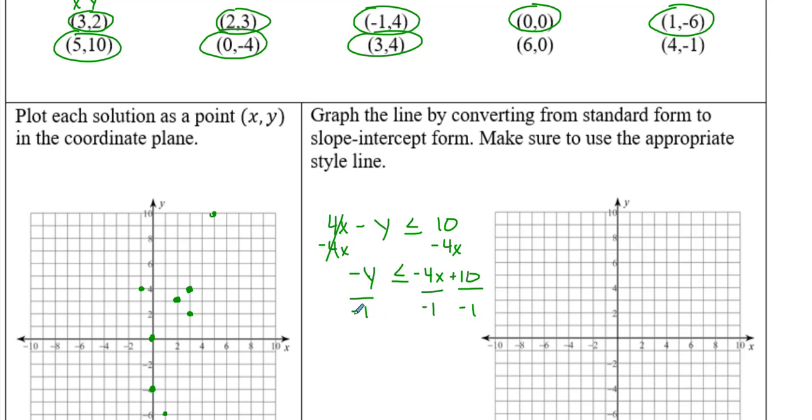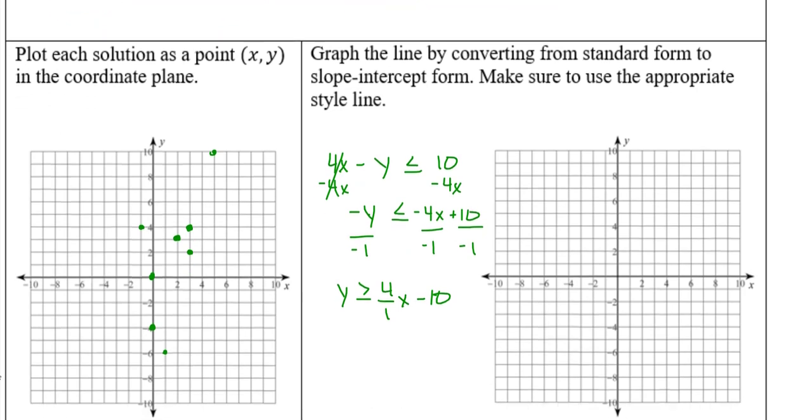So we got a negative over a negative, which will give us a positive y. Since we divided by a negative, we must flip the sign. Negative 4 divided by negative 1 is going to be a positive 4 over 1. Let's go ahead and leave that as a fraction because we want it to be our slope. We should take this x out of the numerator and just put it right here following the fraction so we can identify our slope. And then we have this 10 divided by negative 1, which is negative 10.